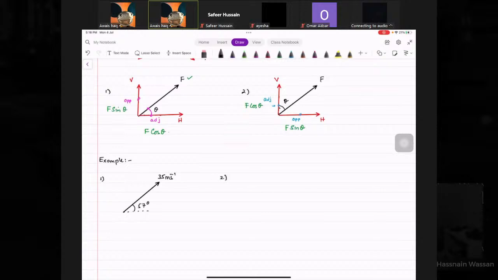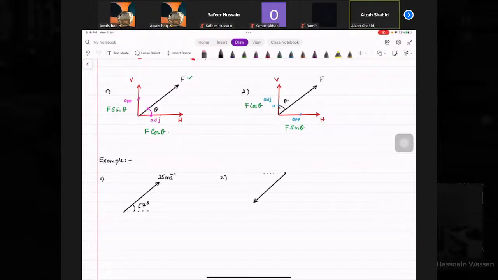And another question, the vector is like this. The angle is given from here. I'll tell you the values. So this is basically 34.